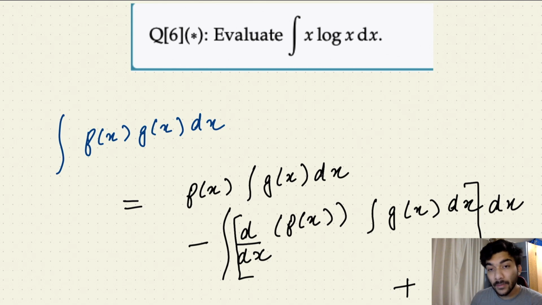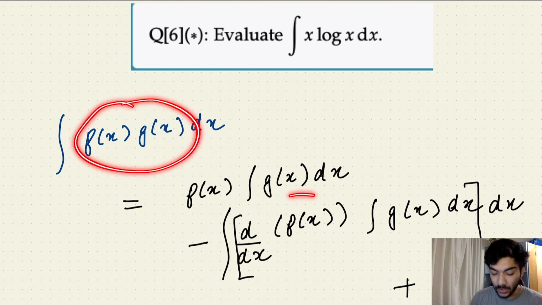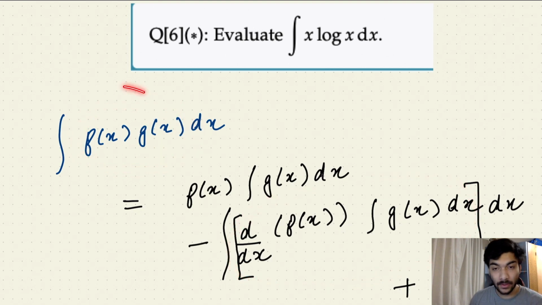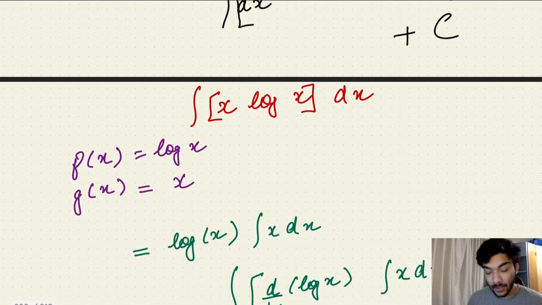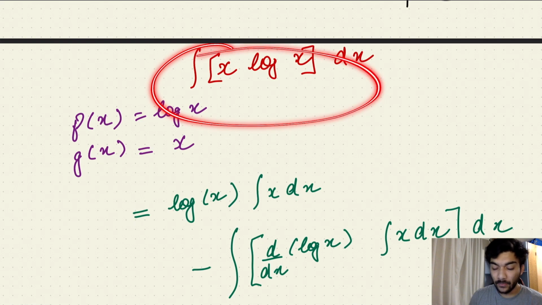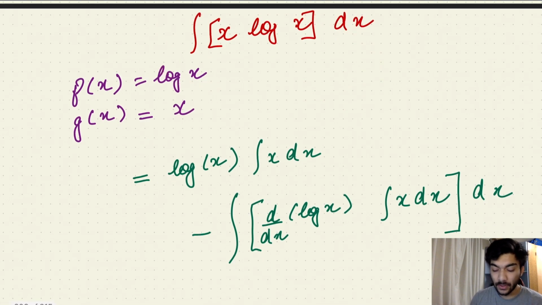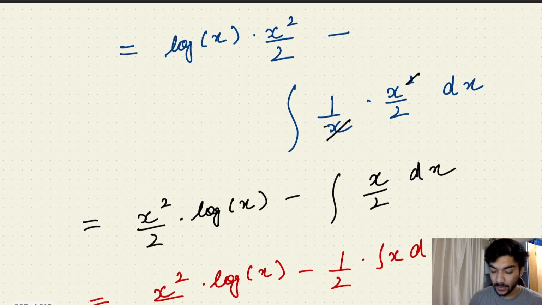And if you want to integrate by parts, you use this formula, which is basically first function as it is, integration of second minus differentiation of first, integration of second, and the whole integration of the second expression. And then if you're calculating an indefinite integral, you'll add a constant of integration in this case. And that is what we did in order to solve this expression of integral x log x dx.